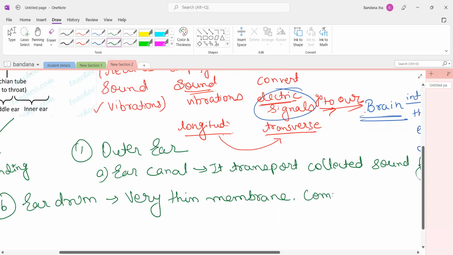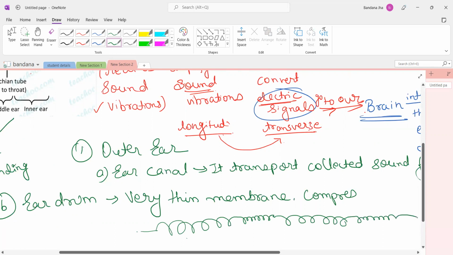Compression and rarefaction mean what? You might have seen this video. I hope you remember about transverse wave and longitudinal wave that I have shown you. This is known as rarefaction of the waves. This is known as compression of the waves. Then rarefaction, then compression.